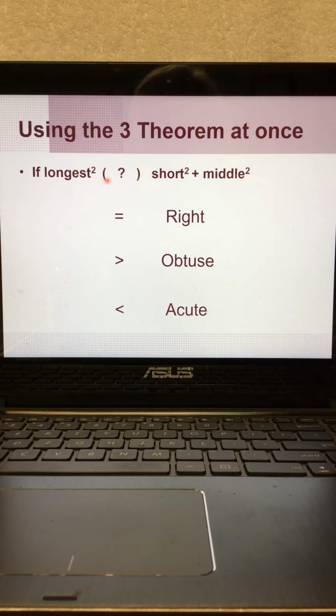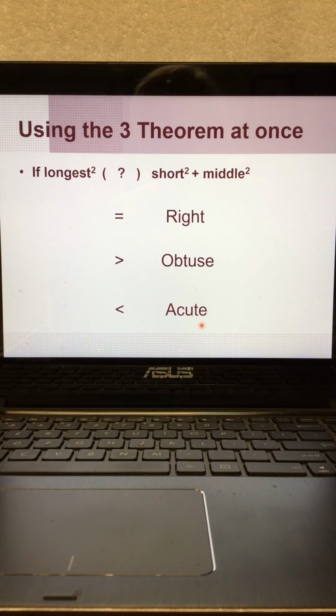I'm asking what would be the relationship between the left side and the right side. And this is strictly arithmetic here. If I do the arithmetic and they are equal, I have to classify that as a right triangle. If I do the arithmetic and I use a greater than right, it is obtuse. If I do the arithmetic and it is less than right, the triangle would be acute.